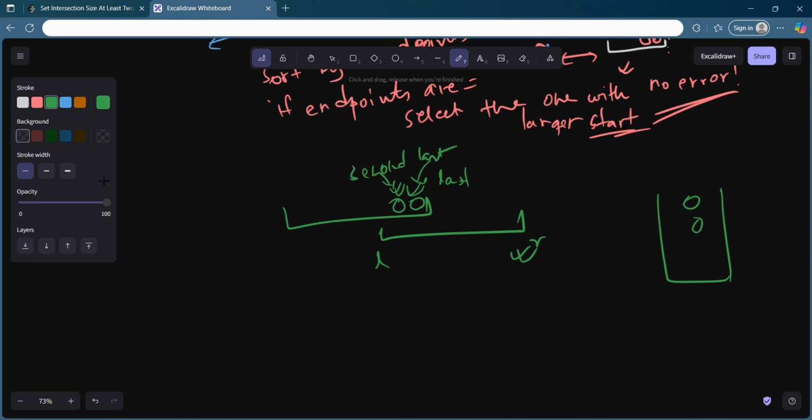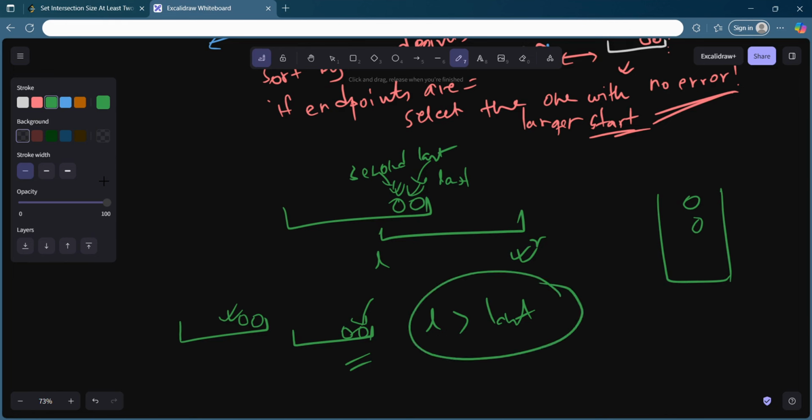So if this L is greater than the last element, what will my interval look like? It will look like this. There is no contribution from the previous elements into this particular cell, so you need to select these last two elements. If the left of the interval is greater than last, select the last two elements.